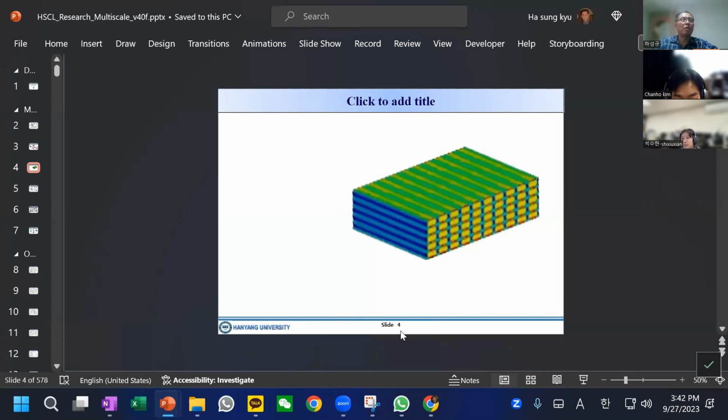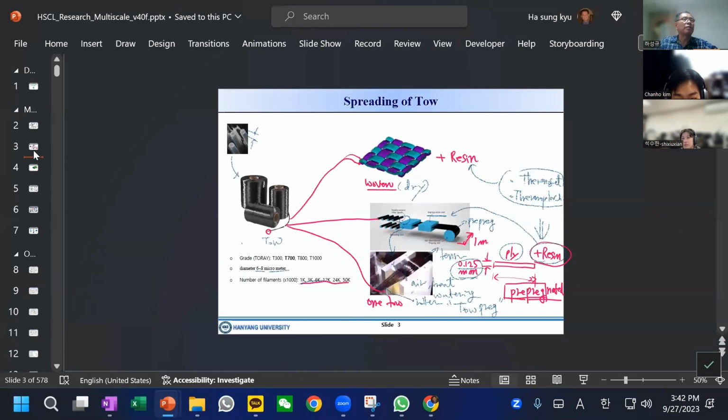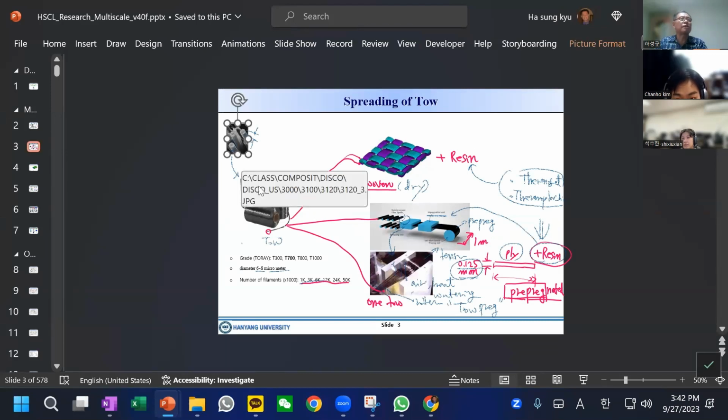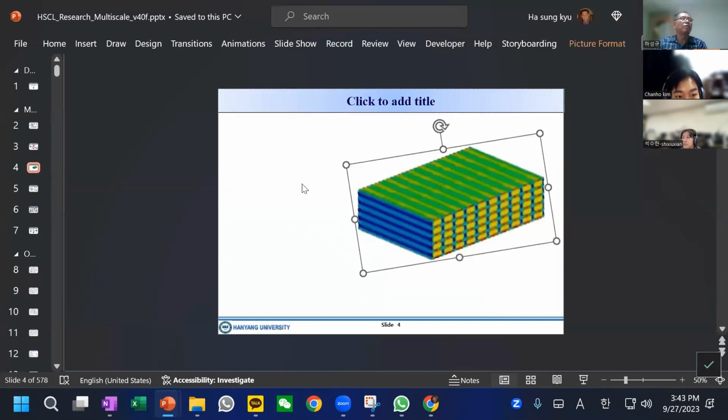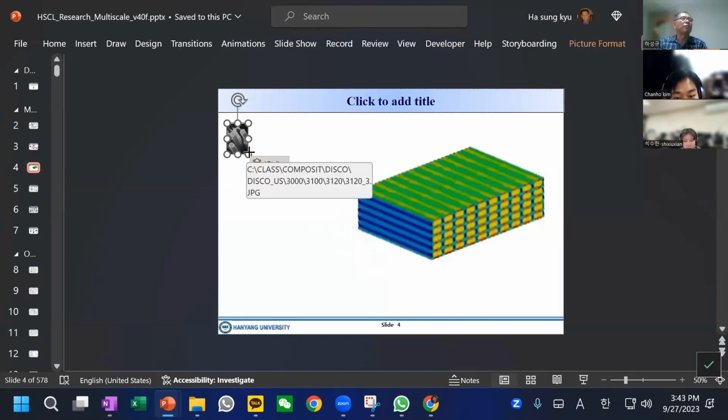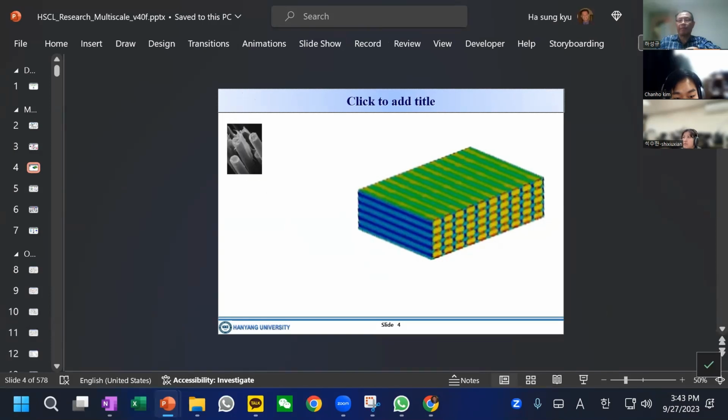Now each toe has some dimensions. Like this. I hope you keep visualizing how this is made. As I said, this will be a very typical thickness of 0.125 millimeter. And this one I mentioned is going to be about 7 micrometers.